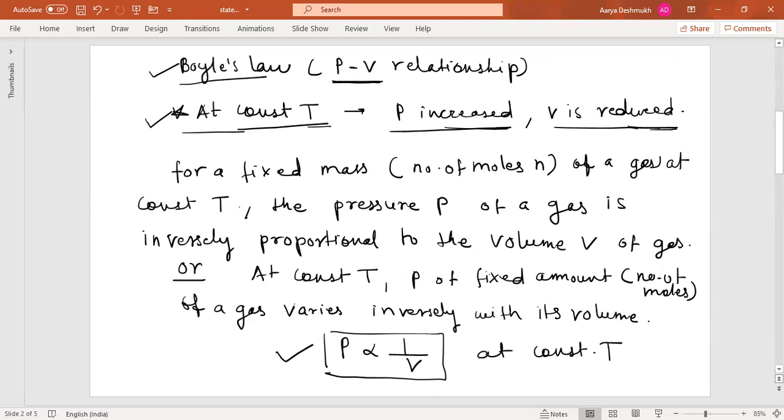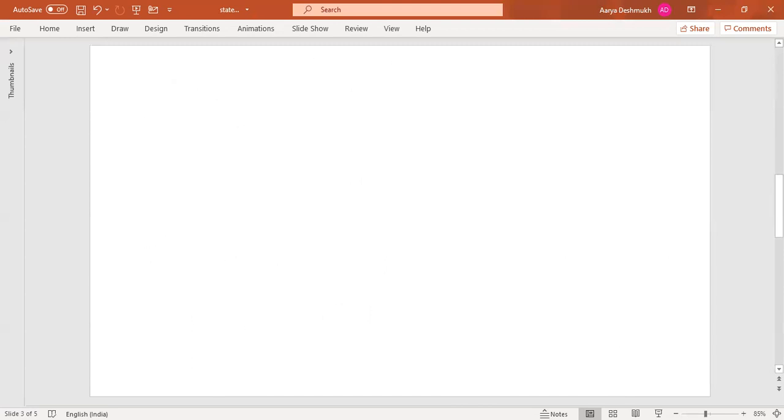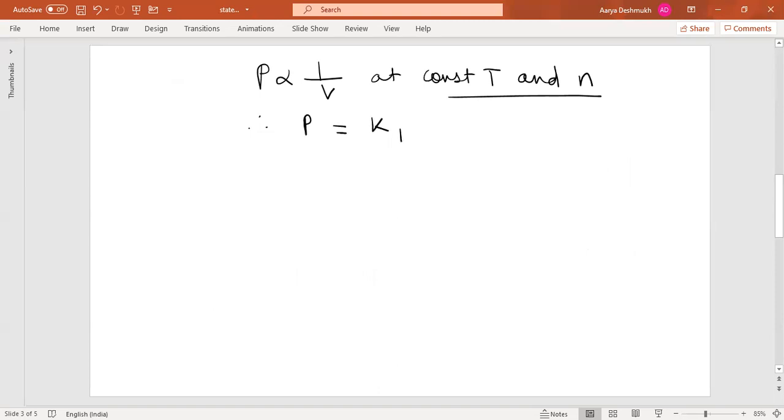Now mathematically, how can you express this Boyle's law? Mathematical expression: pressure is inversely proportional to volume at constant temperature and any number of moles. So these are the necessary conditions. So you can write pressure P equals K1, that is a proportionality constant, times 1 by V. Now on rearranging this equation, you can write PV equals K1.